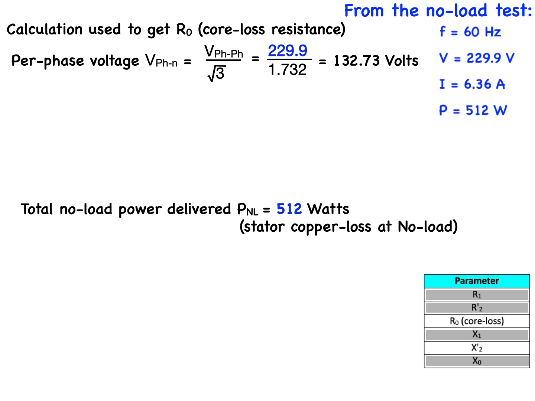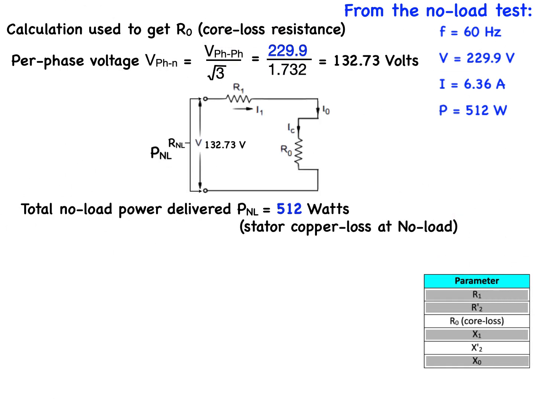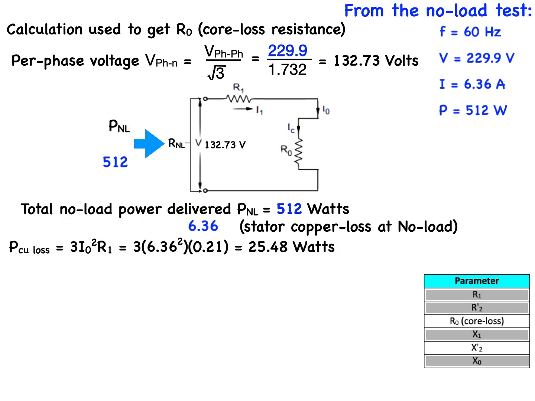We will also use the total stator copper loss, PCU loss, due to the resistance R1, which is found using 3 times the I squared R loss shown here of 25.48 watts.